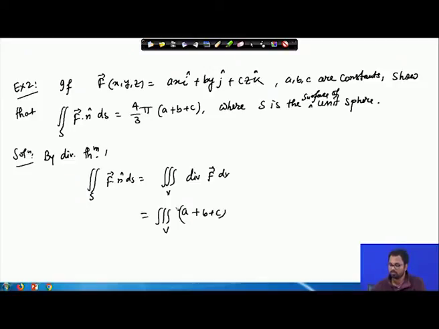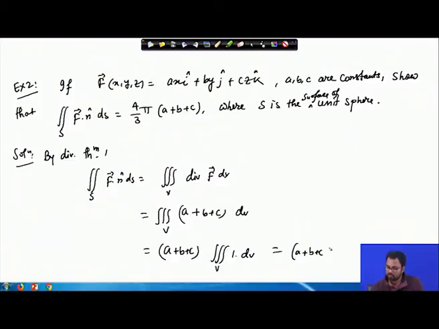Then this will be (a plus b plus c) times dV, and this is basically (a plus b plus c) times the volume integral of 1 dV. Now, V is the volume enclosed, the volume of that sphere. When you are integrating the constant function, you are basically getting the volume V, right.